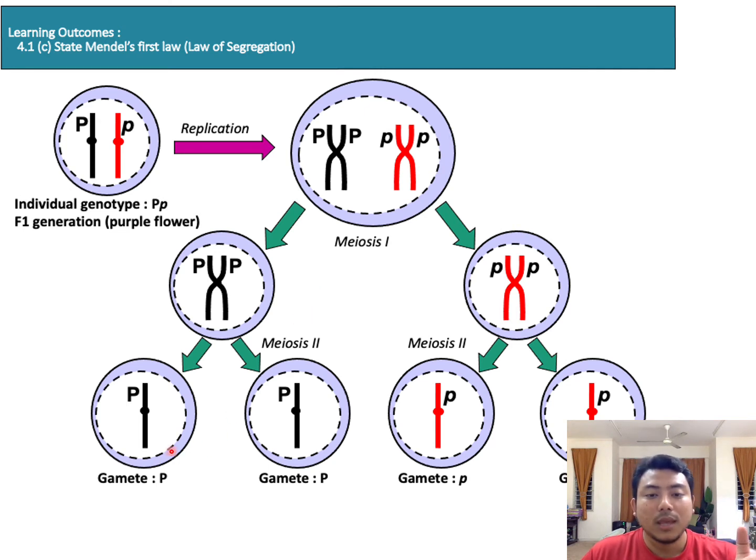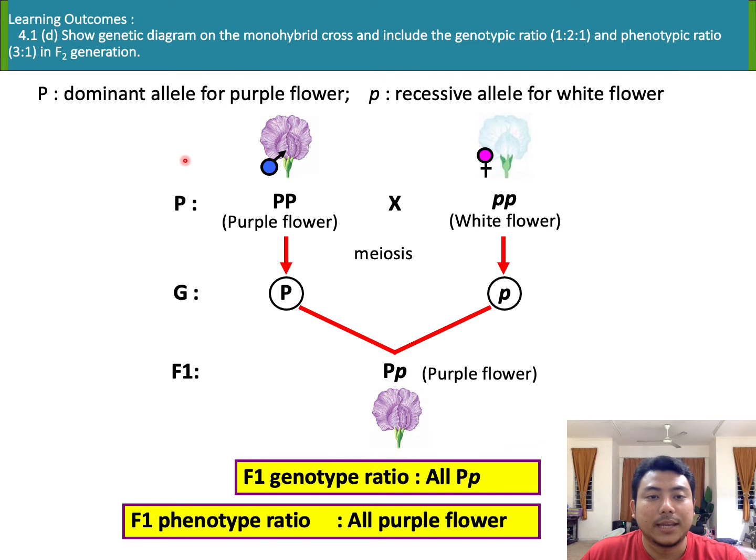Let's say each circle represents one sperm. This sperm will receive the gene for purple color, this sperm also will receive the gene for purple color, this one receives white and this one receives white. See? Segregate. That means they will be separated. Law of segregation. Big P is the dominant allele for purple color, and small p is the recessive allele for white flower.